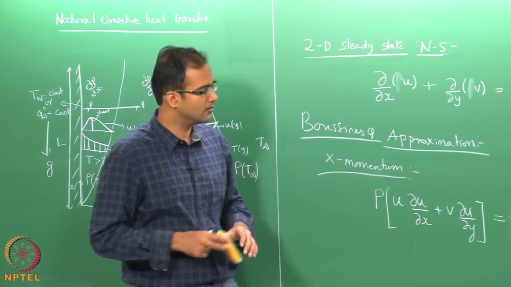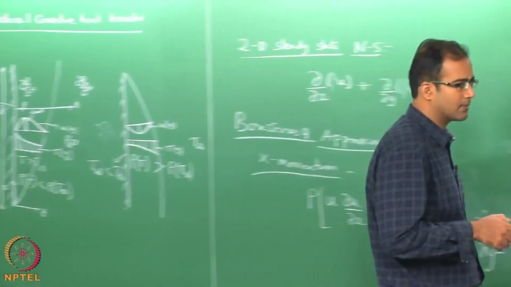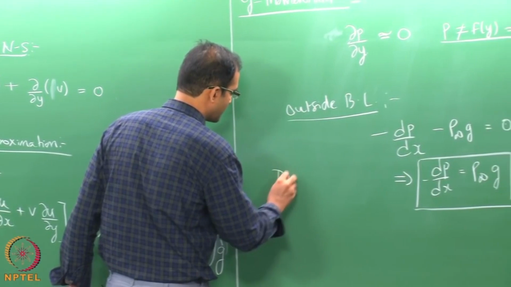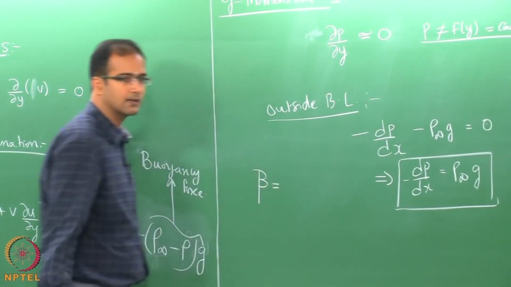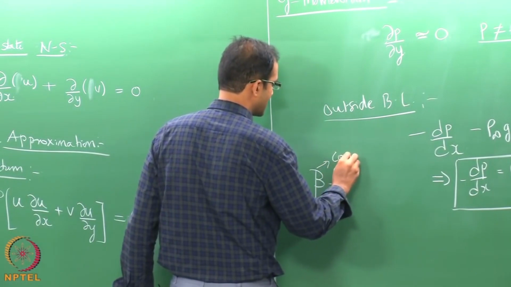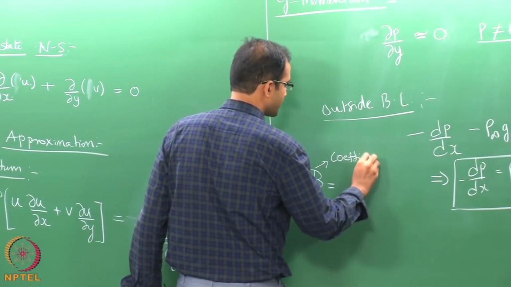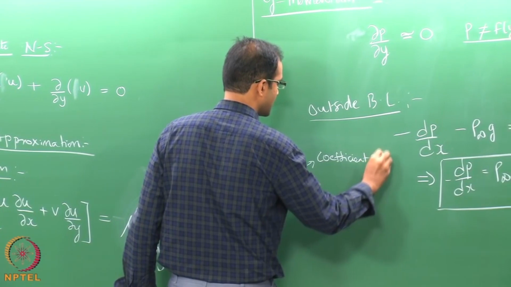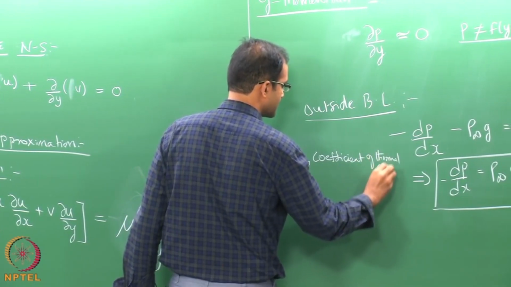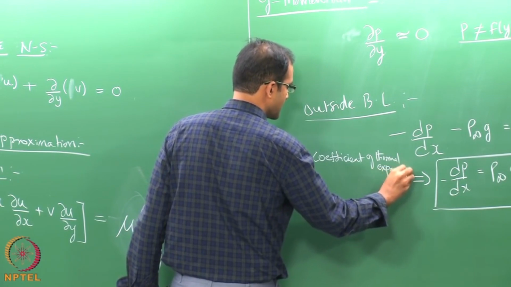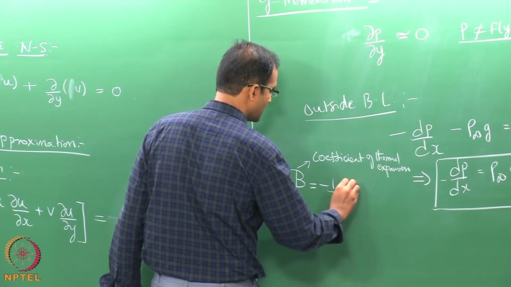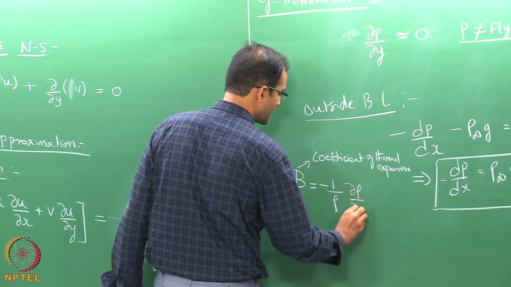So, to invoke the Boussinesq approximation, we will define the coefficient of thermal expansion, beta. So, beta is the coefficient of thermal expansion. This is written as minus 1 by rho d rho by dT.